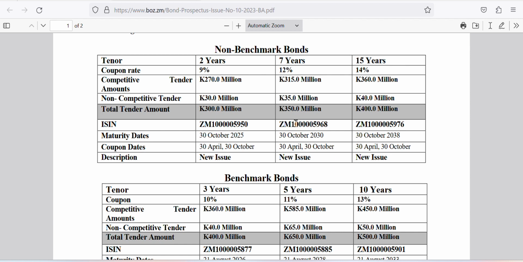For bonds in Zambia, the coupon rate is an annual rate applied on the face value of your bond and is paid in 2 installments per year. So it is paid every 6 months.